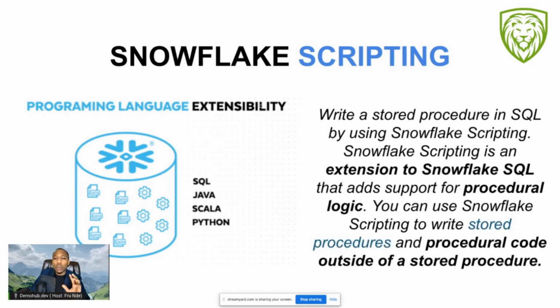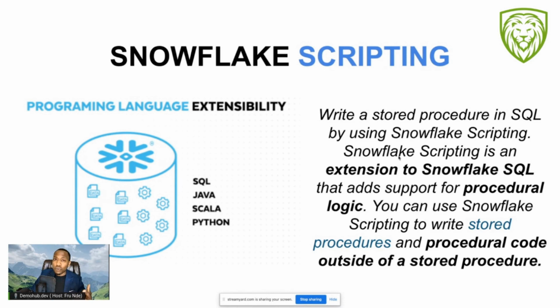Now, what exactly is Snowflake scripting? If you go to the website, and the link to this release will be in the description below, as always, what it does is it allows you to leverage SQL, which folks already do today on the Snowflake platform. It's an extension to SQL that allows for support of procedural logic.